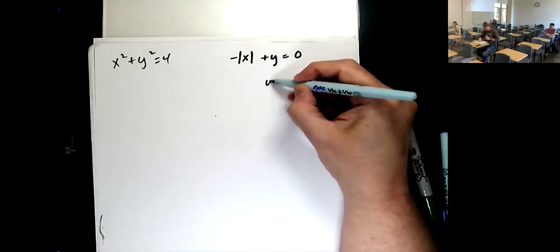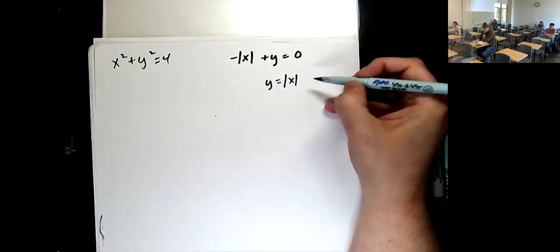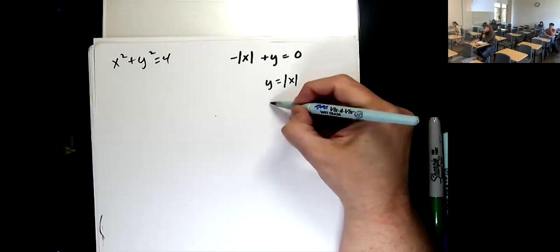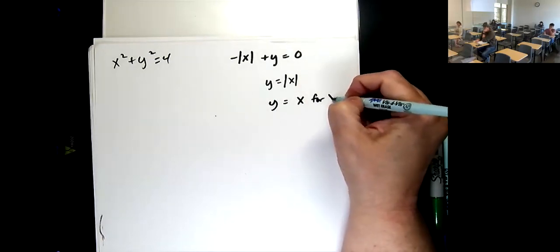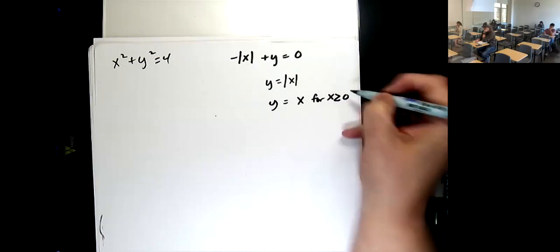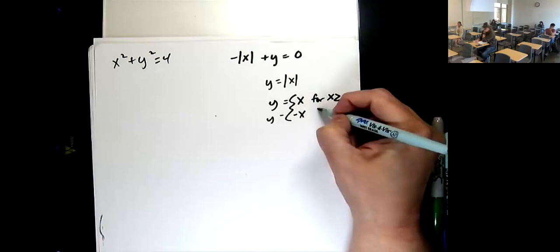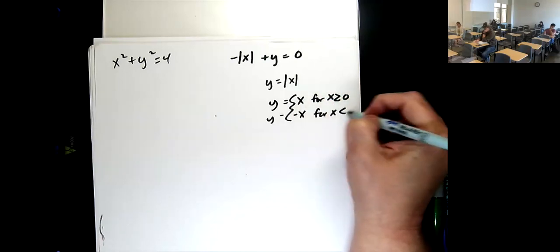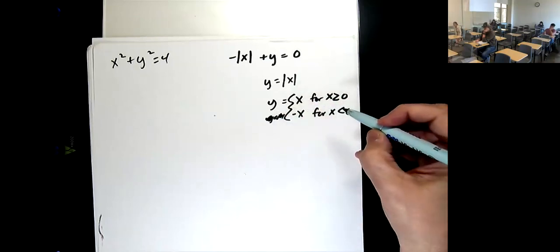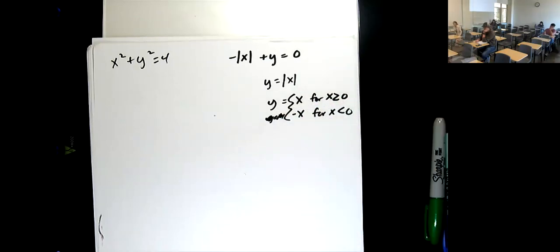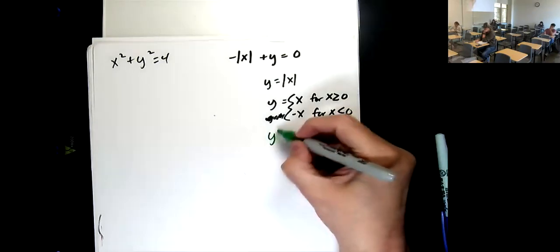If I solve this, this is y equals the absolute value of x. This means y equals x for x greater than or equal to 0, and y equals negative x for x less than 0. But if I square it, I just get y squared equals x squared on all of that.